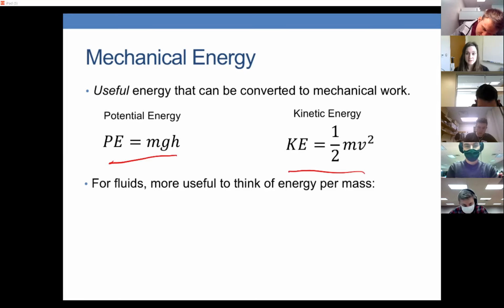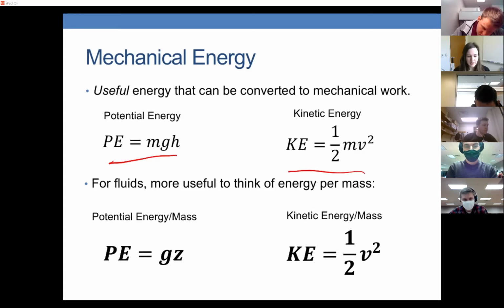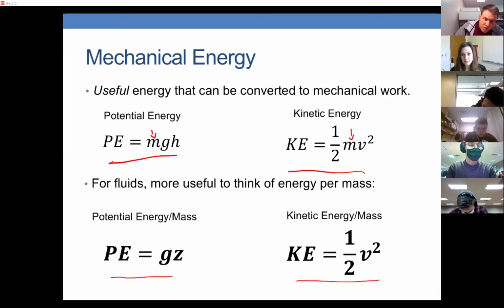But we're talking about fluids here, and so it's more useful to think of energy per mass rather than this little m here, because if you're talking about a fluid, what mass do you mean? Do you mean the mass of the whole thing, or are we interested in the energy at any point? So it's just more useful to think of it as per mass. Okay.